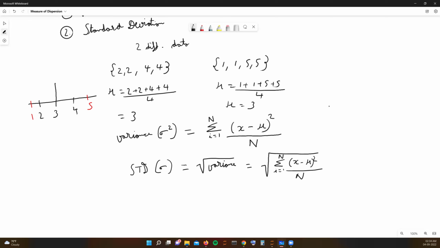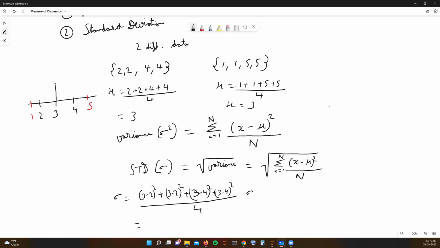Now, let's calculate the standard deviation for both these distributions. As my mean is 3, I will be subtracting the mean from these numbers. So for the first one, 3 minus 2 squared, again 3 minus 2 squared, plus 4 minus 3, or you can say 3 minus 4 squared, plus 3 minus 4 squared, divided by 4.